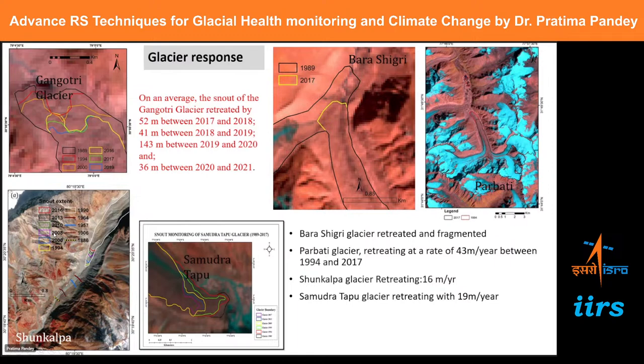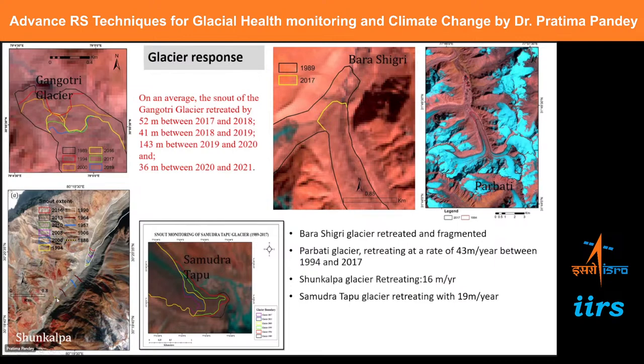This is another glacier in Uttarakhand known as the Shunkalpa Glacier. The GSI, the Geological Survey of India, had marked the snout of the Shunkalpa Glacier in 1886 up to here. And if you monitor the glacier, the snout has now come here. So this much part of the glacier has retreated.